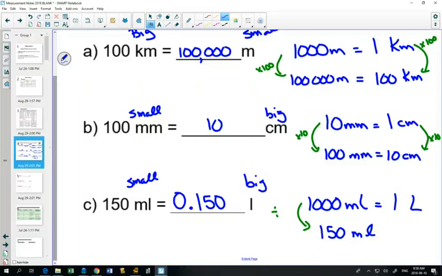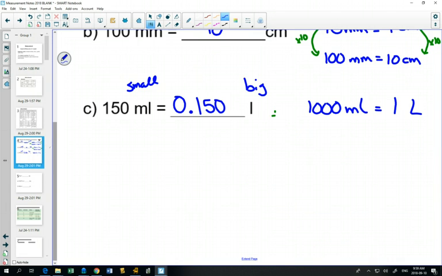Okay? But multiple steps might look like this. I want to get, in the end, 150 mils equals something in liters. An easy thing for me to do would be to find out what 1 milliliter is, okay?